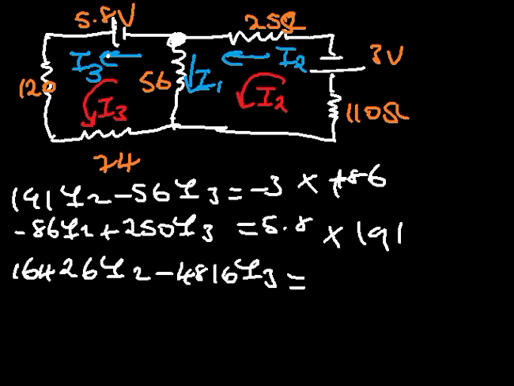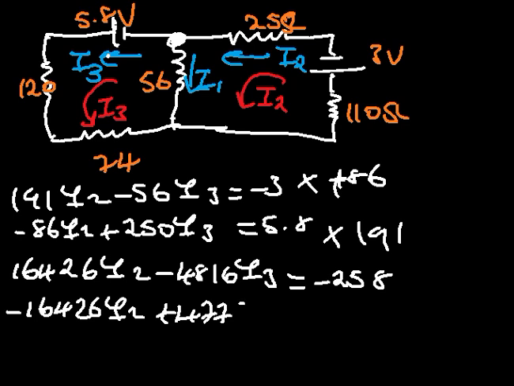Now we have it as -258. Now we have a -16,426 I2 in plus. So what is 191 times 250? We can have it as 47,750.